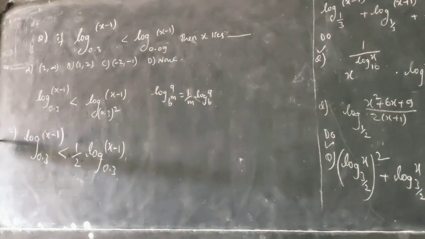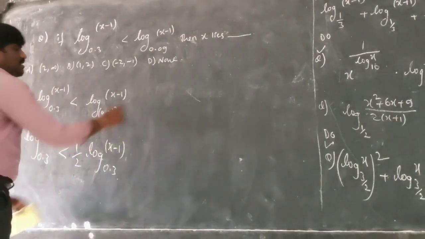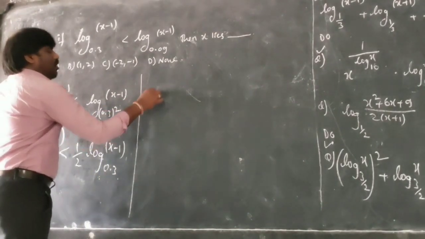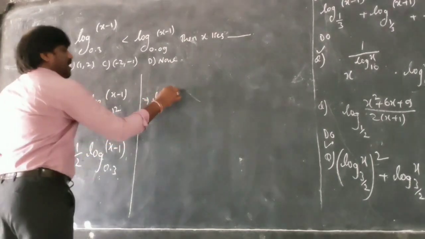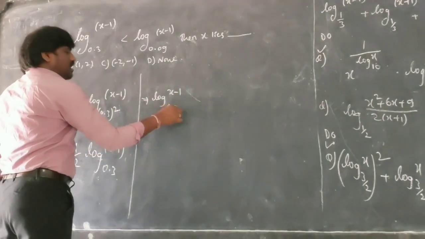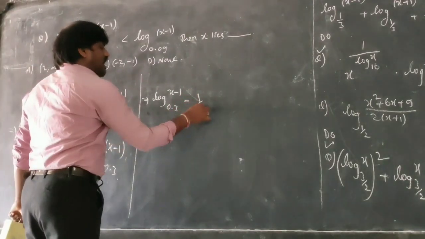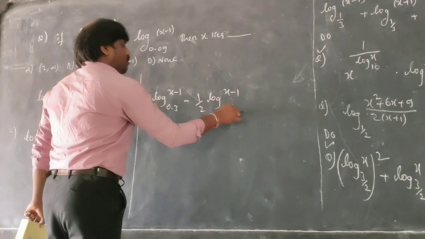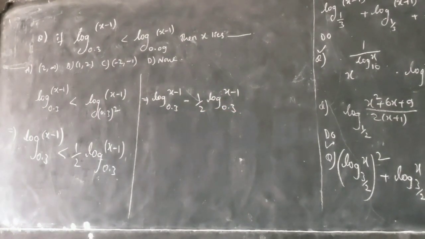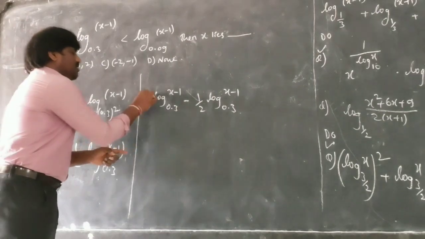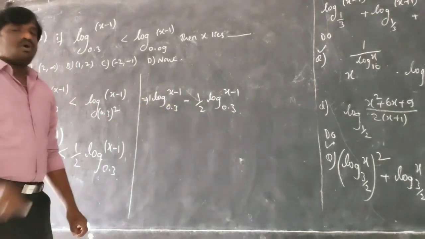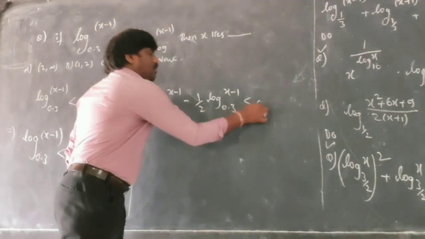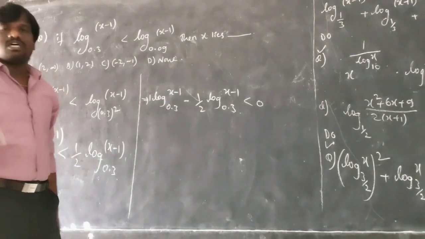So send this to this side. When I send the right side to the left side, I get log of x minus 1 with base 0.3 minus half log of x minus 1 with base 0.3, less than 0. Now if you simplify, this is 1 and this is minus 1 by 2. 1 minus half is how much? Half.